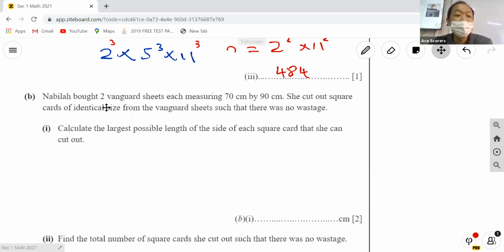You know what to do? 70 by 90, but they never say what's the dimension of the square cut. The largest possible length. Oh, they want the largest possible.